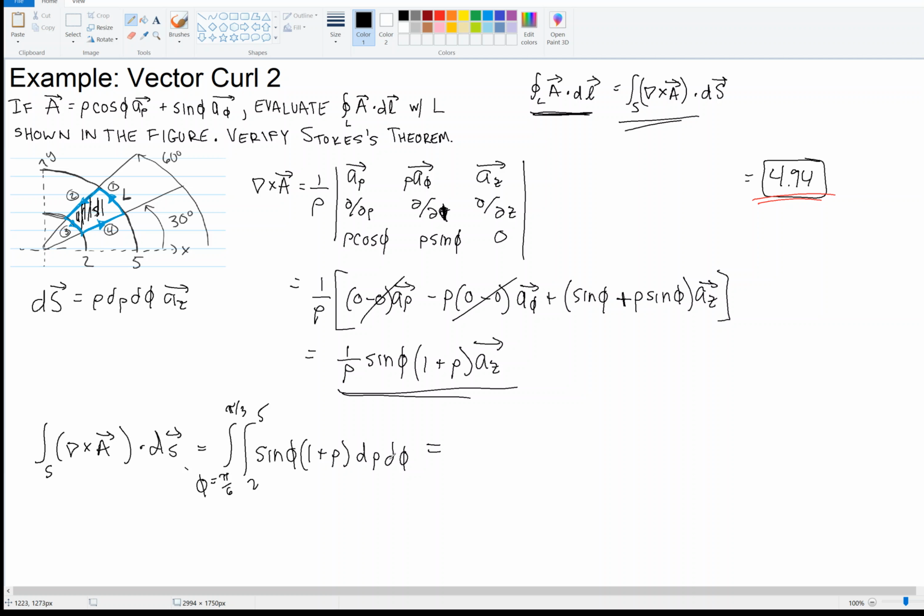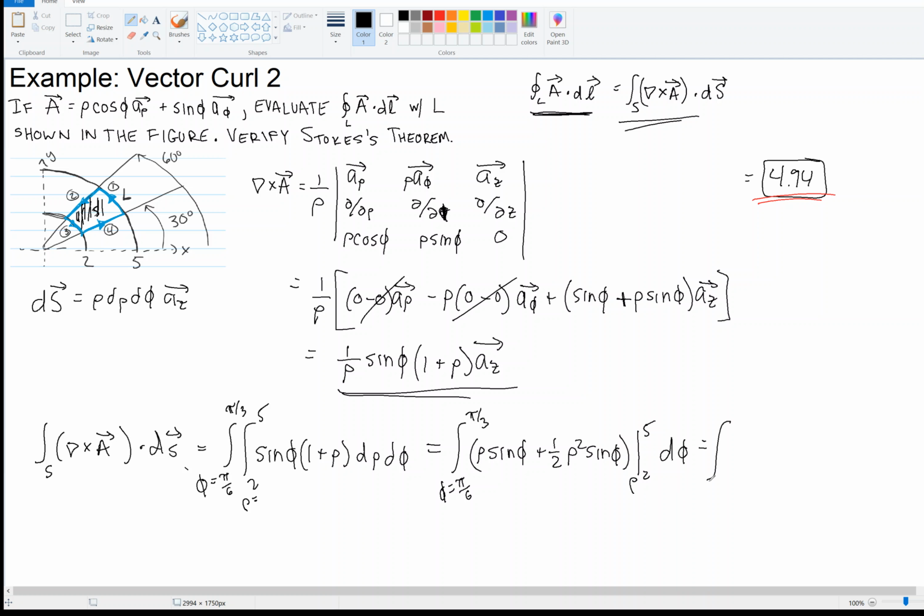All right, so let me evaluate these integrals now. I'm not going to do anything with phi for the moment. I'm going to integrate rho. So I've got sine phi times rho, and then plus 1/2 rho squared sine phi, right? And rho goes from 2 to 5, d phi.